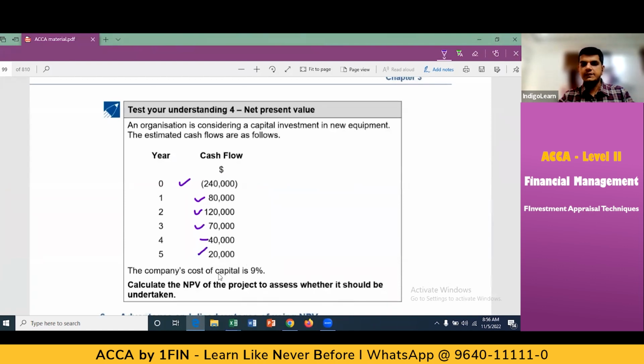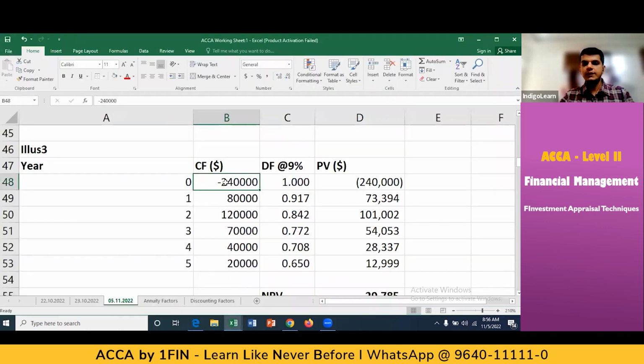The company's cost of capital is 9%. Then we are asked to calculate the NPV of the project to assess whether it should be undertaken or not. Okay. So the investments are 2,40,000, 80,000, 1,20,000, 70,000, 40,000, and 20,000 as being given in the question.